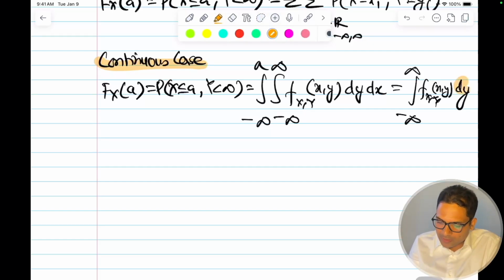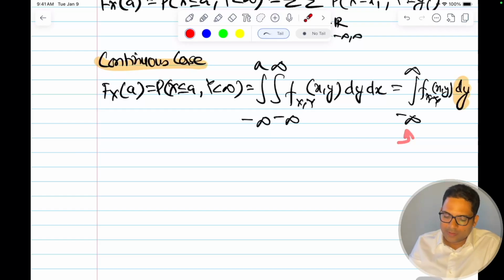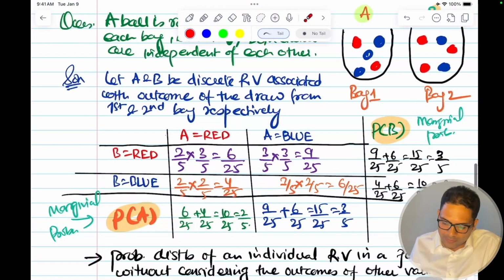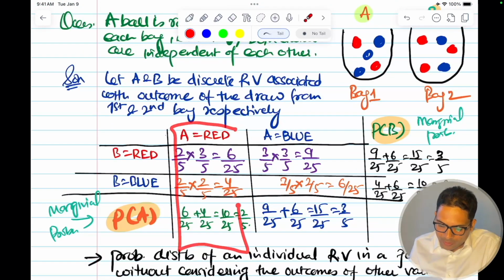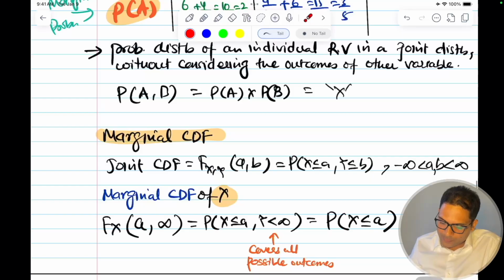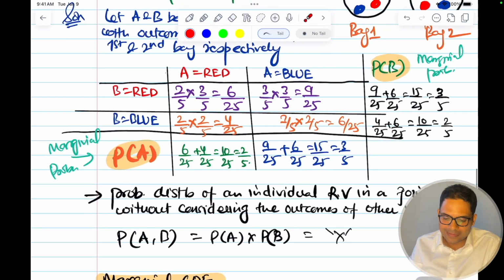Note this dy, that for finding the value of x, we integrate over the other variable. You have seen it here, right? For finding the marginal probability of a, I am summing over the other variable. Here also, for finding it for x, I am summing up over all the y outcomes. That's what it means. From here we have understood this clearly.